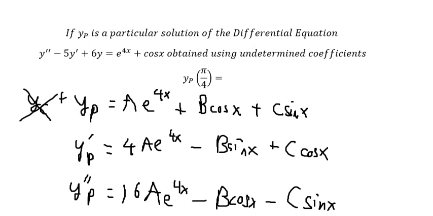So A, we will have 1 over 2. B is 1 over 10. And C is negative 1 over 10.